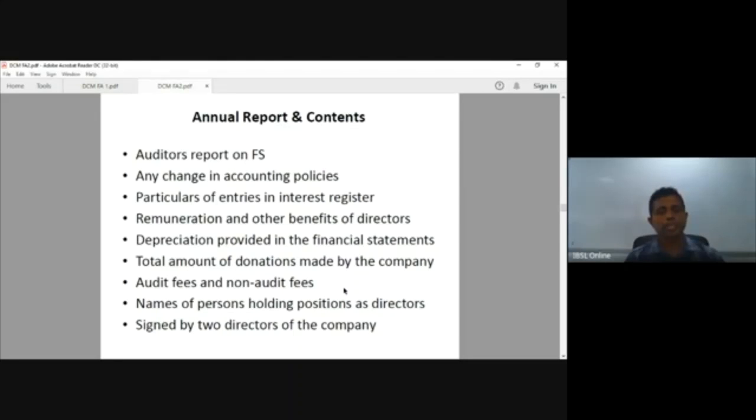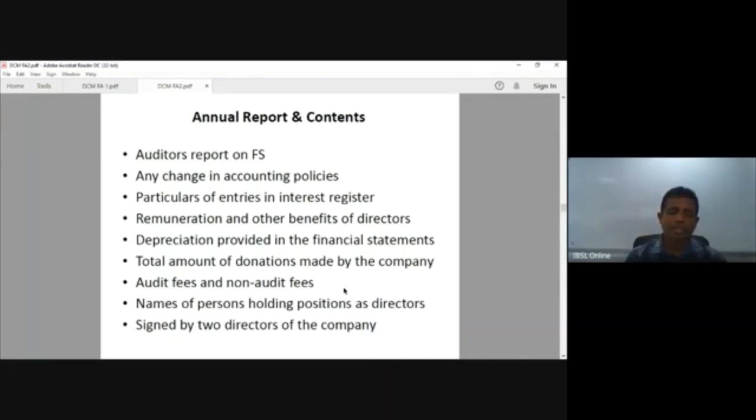Then depreciation provided in the financial statement separately. Depreciation part separately you have to provide it. Then total amount of donation made by the company, right? Now directors, assume that one company's chairman donated some 10 million to his school using your entity's money.